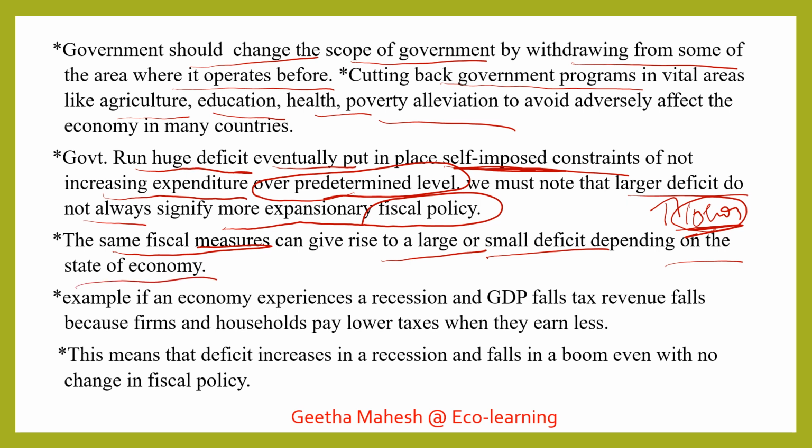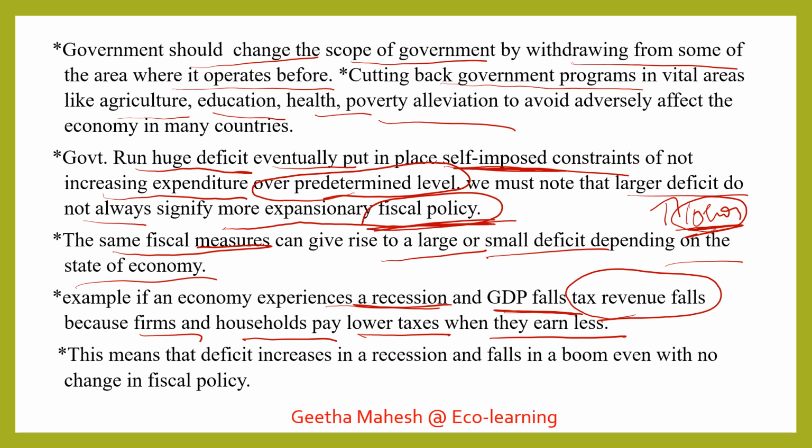For example, when there is a recession in the economy, GDP is going to fall. When GDP falls, tax revenue will fall because firms and households pay lower taxes when they earn less. In this case, revenue of the government will be less, but they have to implement regular fiscal policies.